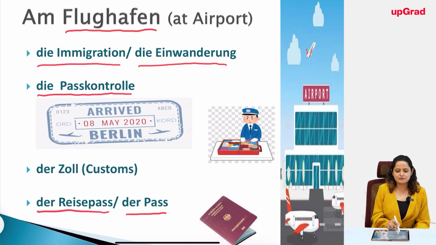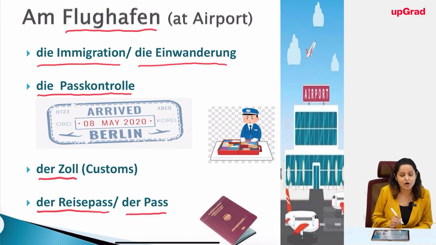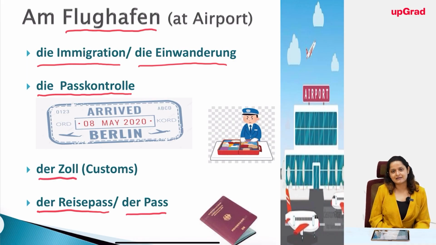So the word we use here, which you might see at airports, is the Passkontrolle, where you get your immigration stamp. Another word that we very commonly see at airports is der Zoll. Zoll means customs. So keep an eye out at these boards whenever you are at the airport.